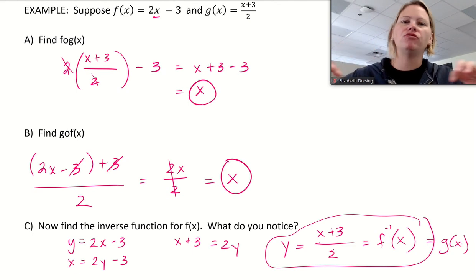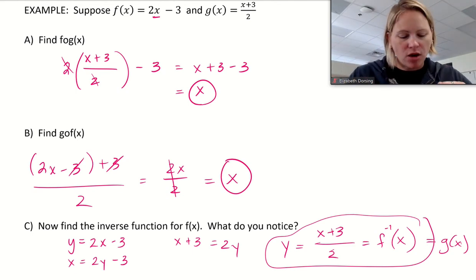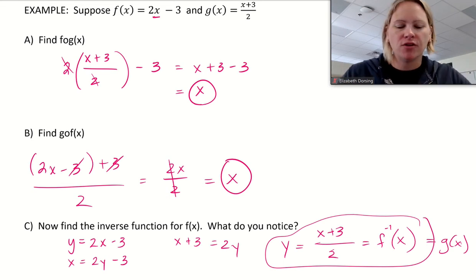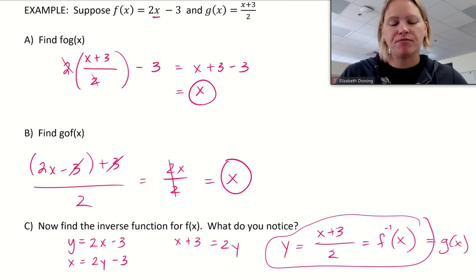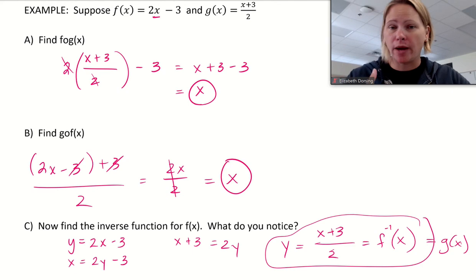What you've just done is you've exchanged those two things. So the inverse equation now becomes the equation for the inputs in the original equation. Might seem kind of confusing to think about it that way, but essentially when we plug it in, we get x back. I think it's easier just to think about them as the undo functions for each other. So the result should be x either way.